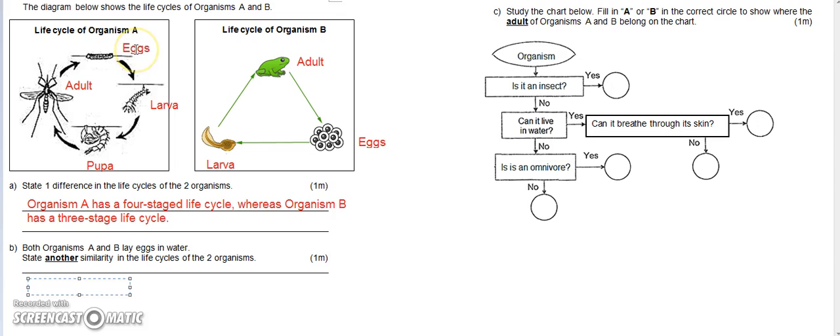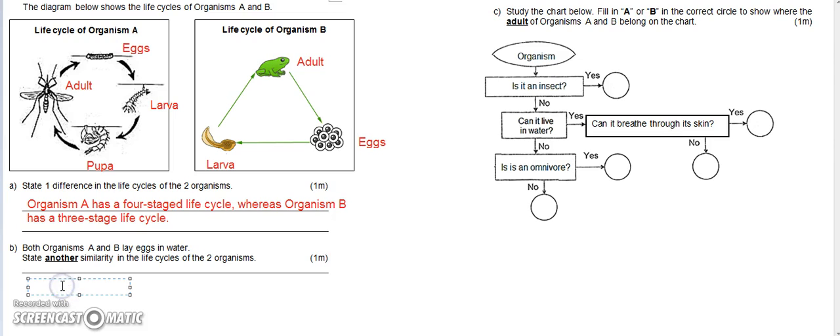Okay, so another similarity is if you were to compare adult and young, right? Look at the adult here and look at the young here. They are not the same, isn't it?